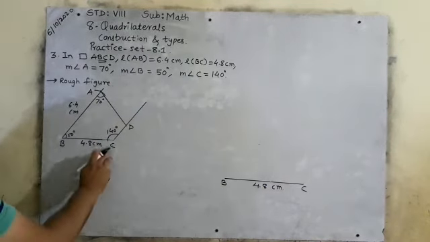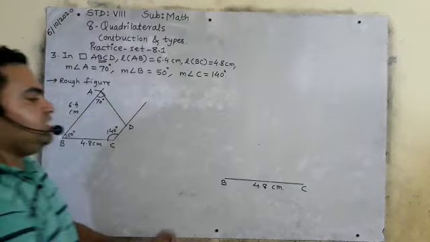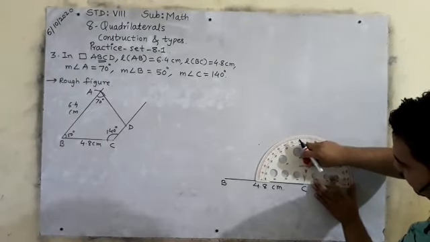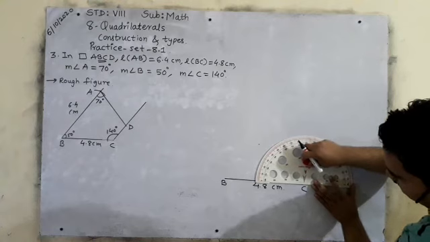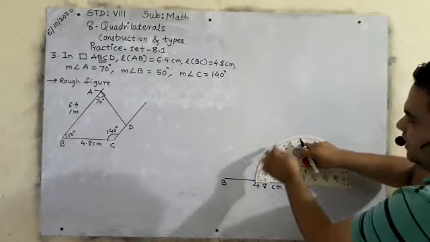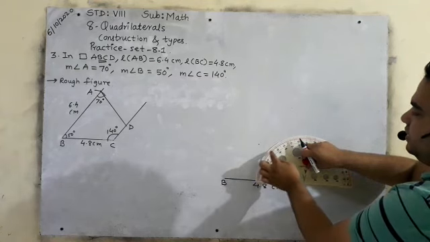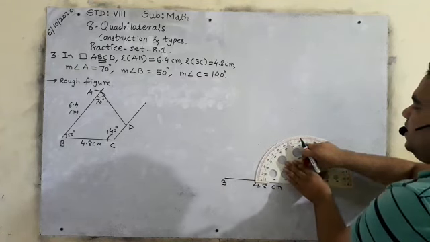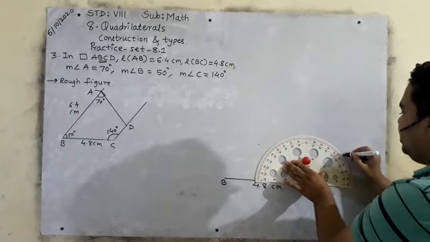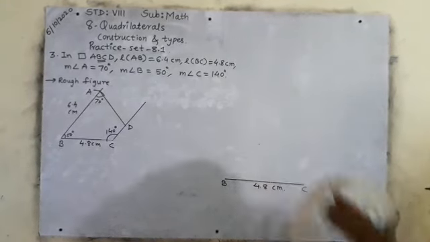And C is how much degree? 140. So C I will keep like this on C from the left side, and I will go to the exterior numbers. That is 10, 20, 30, 40, 50, 60, 70, 80, 90, 100, 110, 120, 130, 140 here. Okay, 140.